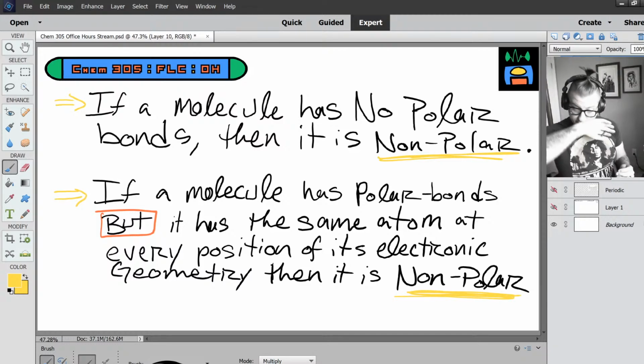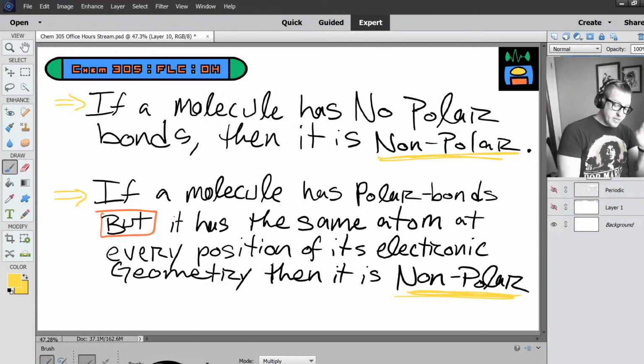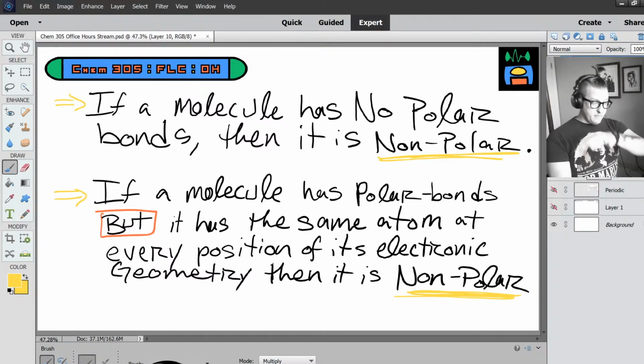Alright, it's possible to have polar bonds and still be nonpolar, and that happens when you have the same atom at every position on your electronic geometry, because the dipoles cancel each other out.